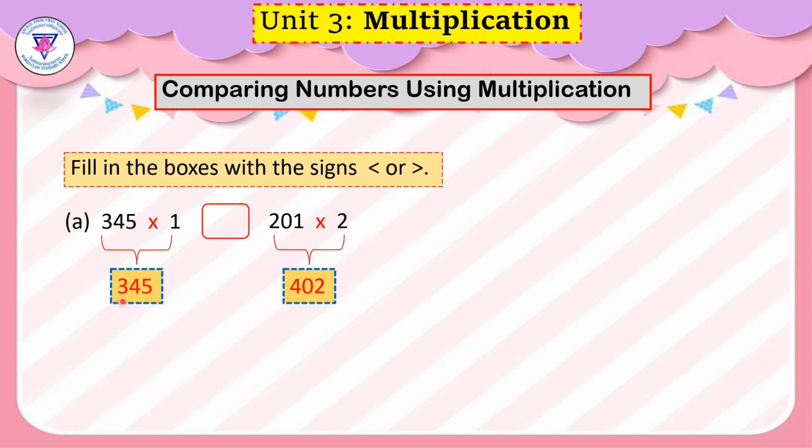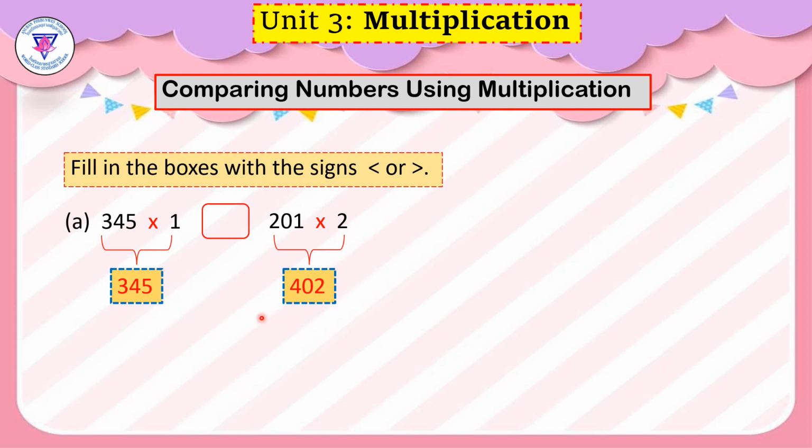So since the first digit number is 3 and the other one is 4, you can compare the number here. So which one is smaller than? Is it 3 or 4? Which one is greater than? Is it 3 or 4?